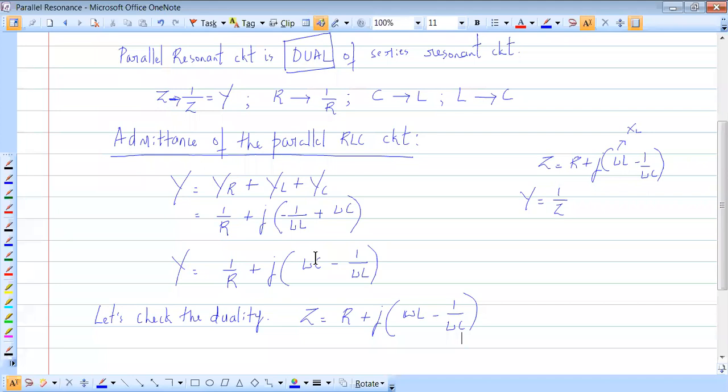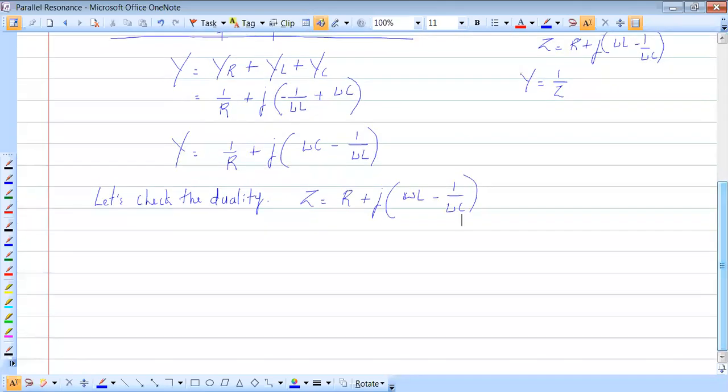Now what was happening in series RLC circuit at resonance? Just let's see that. Let's take this as the series RLC and this as parallel RLC.